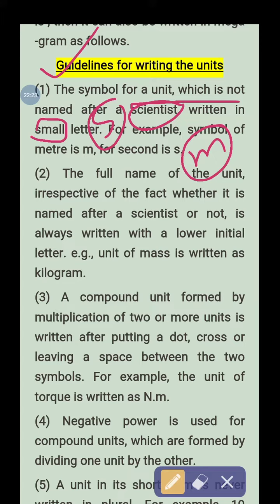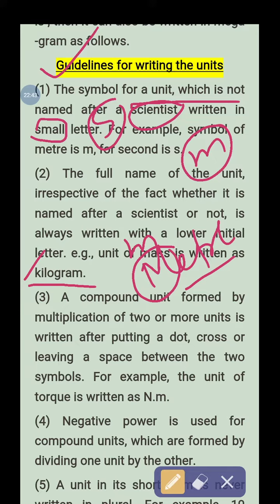If we are going to write the full form of the unit, say this is denoted by m, and if we write it in full as metre, we write m as small. For example, kilogram, K is small.